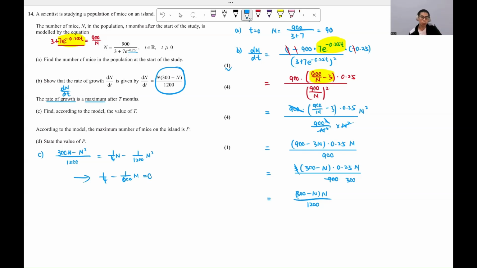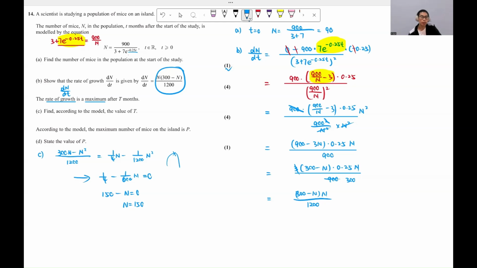So if we let the derivative equal to 0, times by 600 for both sides, 150 minus n equal to 0, and it's just equal to 150. So that would be the maximum n value, because we don't need to check whether it's a maximum or minimum. Clearly it's a negative quadratic. A negative quadratic can only have a maximum, not minimum.